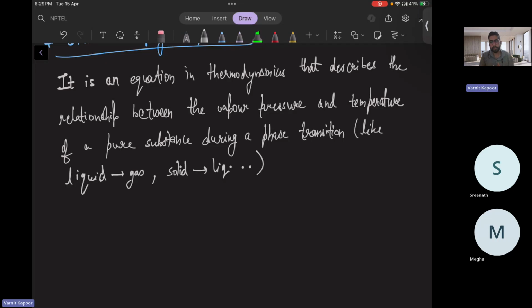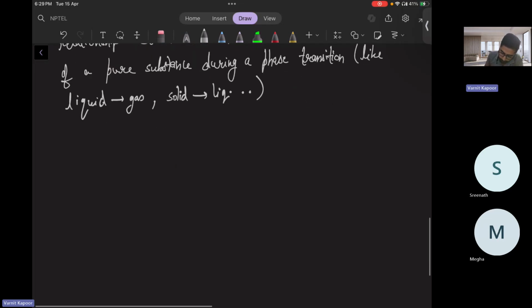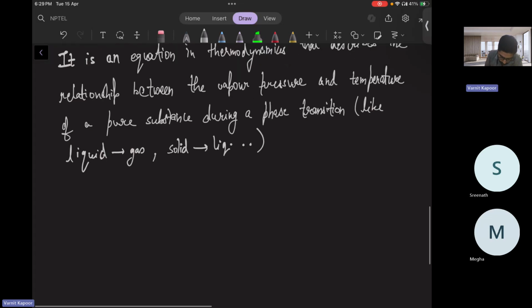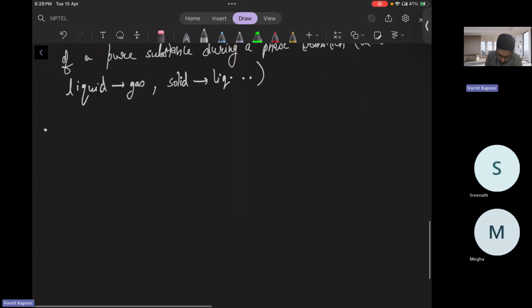As I've told earlier, in the wet region, pressure and temperature are independent of volume. In the wet region, pressure is constant and temperature is constant. And you don't apply PV equals mRT, the ideal gas equation, in the wet region. We have explicitly stated that in a very bold note.